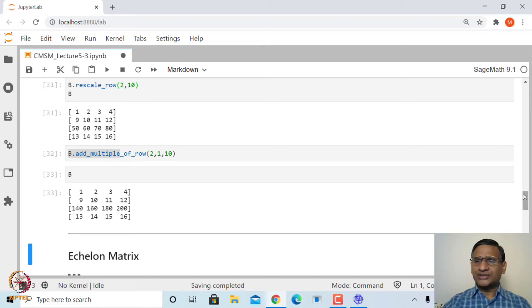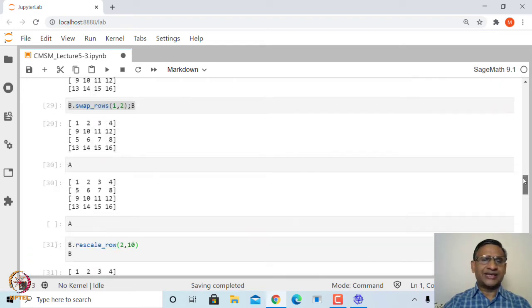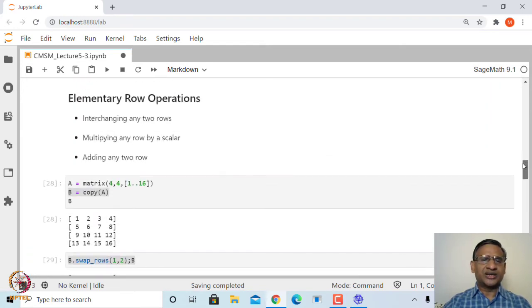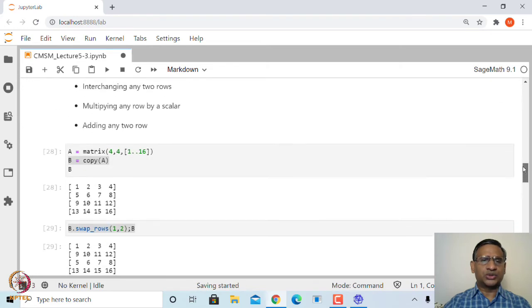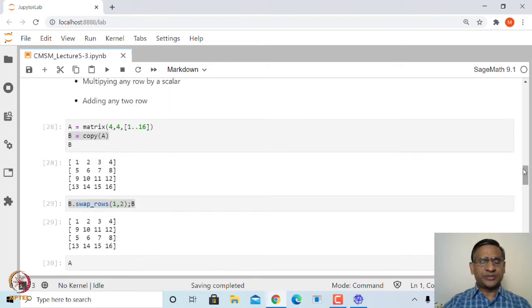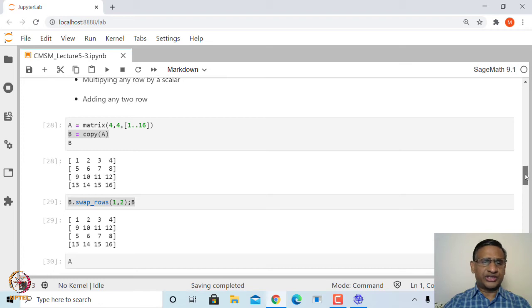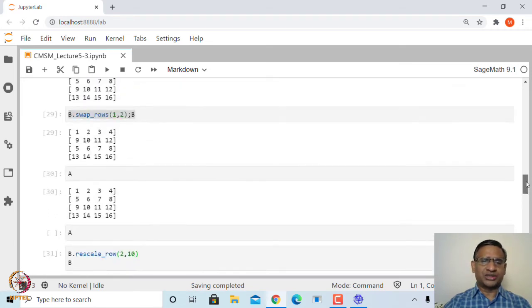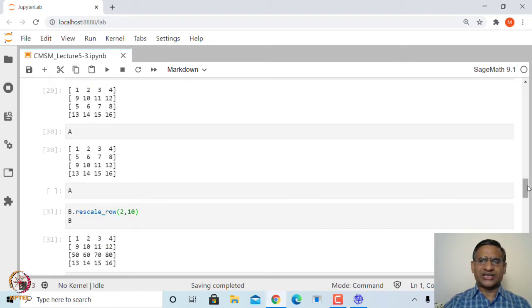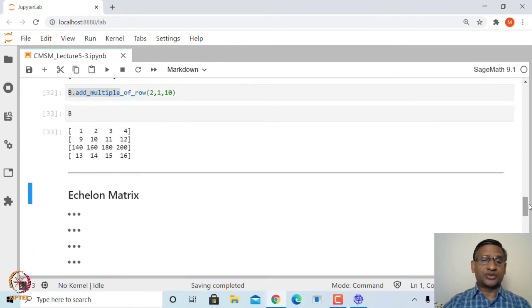Now the idea of applying these operations in terms of finding a solution is to convert this system into a simpler form so that solving becomes easy. Of course, in case of a 3 cross 3 or 4 cross 4 matrix it is not very difficult, but if you are dealing with 1000 linear equations in 1000 variables, then solving will be an uphill task.